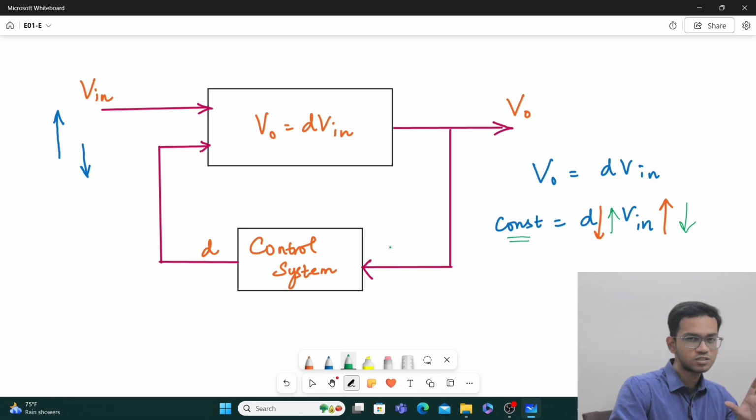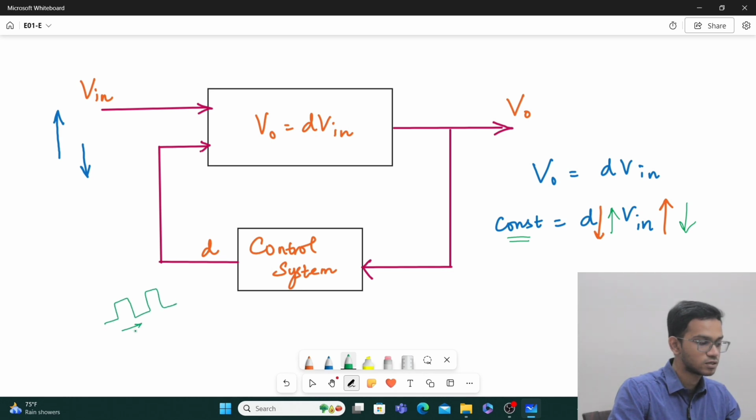So what a control system essentially does is it takes the output voltage, does some computation, and at the end of the day gives you a duty ratio. For system level understanding, the duty ratio is just a mere number. In the real world, it will be implemented as a PWM.